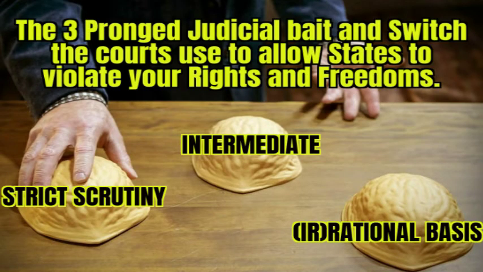Okay, so that's the rational basis review right there. So now, let us ask the question: what does it benefit the government? I'm not talking about the people, but the government, to require people to wear a seatbelt.